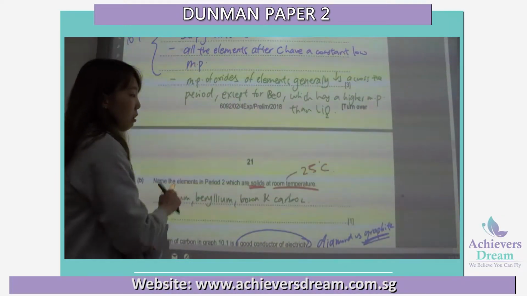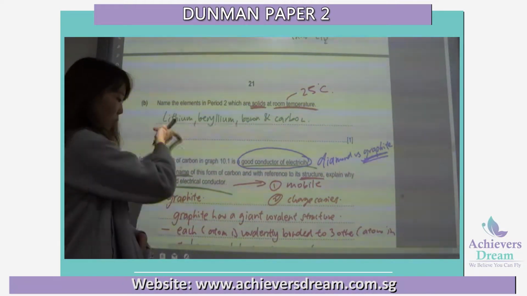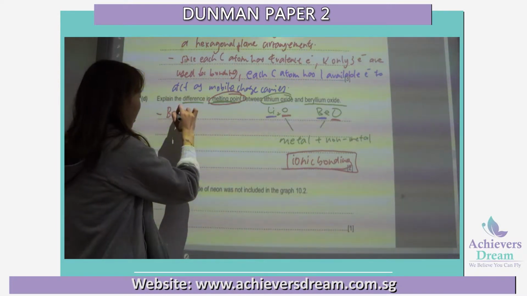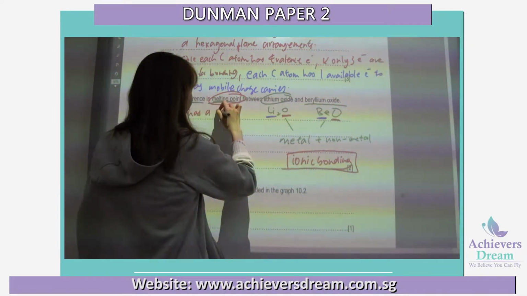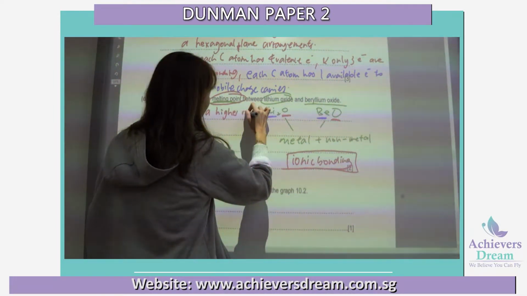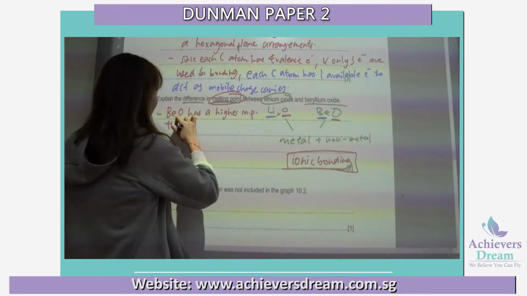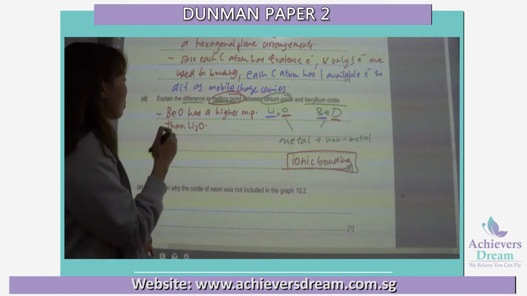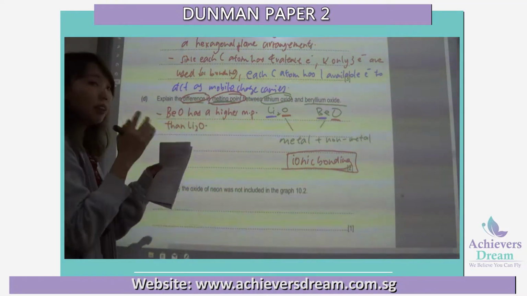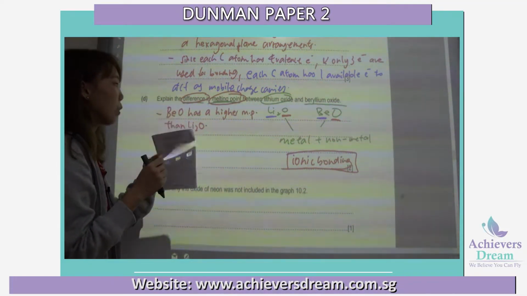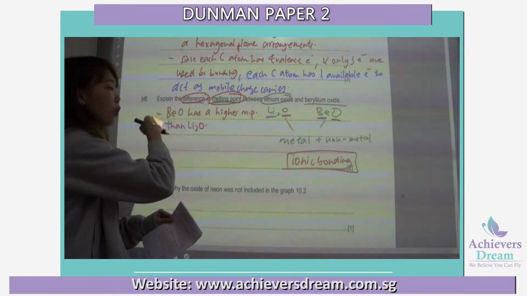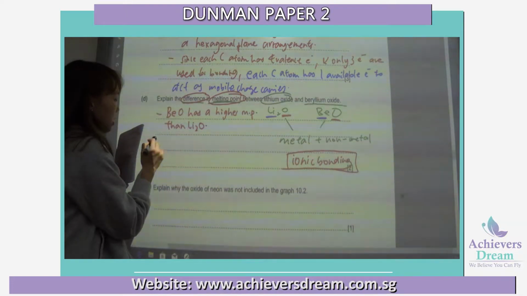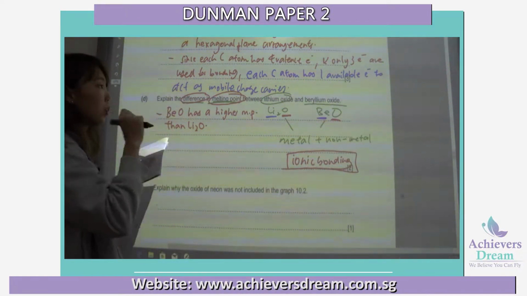So first we state that beryllium oxide has a higher melting point than lithium oxide. Correct? Because they say explain the difference, they did not tell you which one has a higher melting point, so you got to state it in your answer. Okay? Then once you have answered the trend, you need to explain.